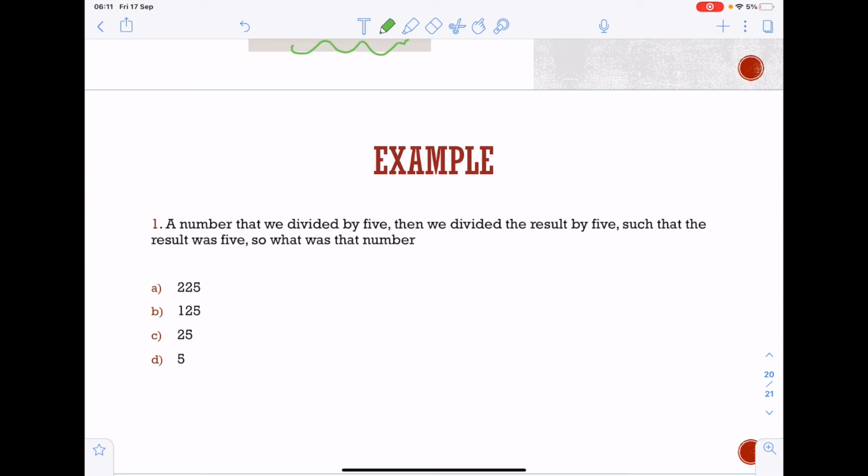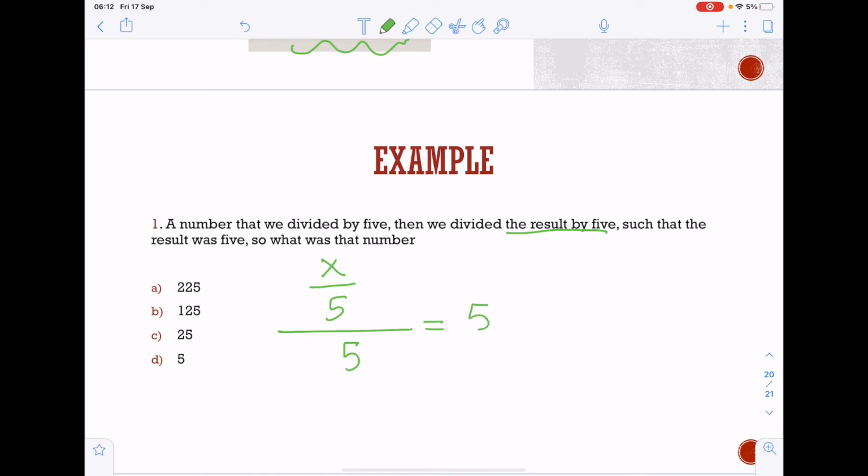A number that we divide by 5, then we divide the result by 5, such that the result was 5. So what was that number? So let's see. We have a number that we divided by 5, then we divided the result by 5, such that the result was 5.